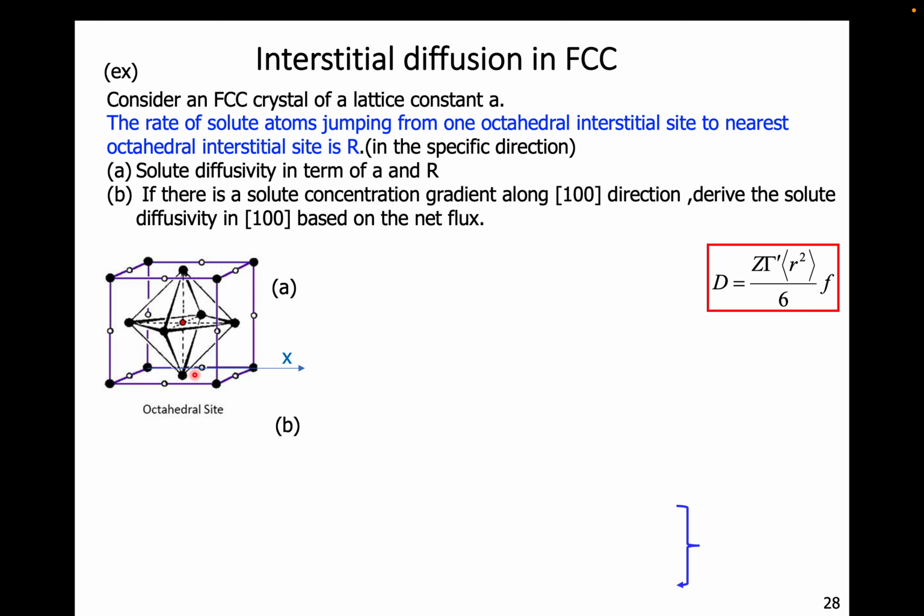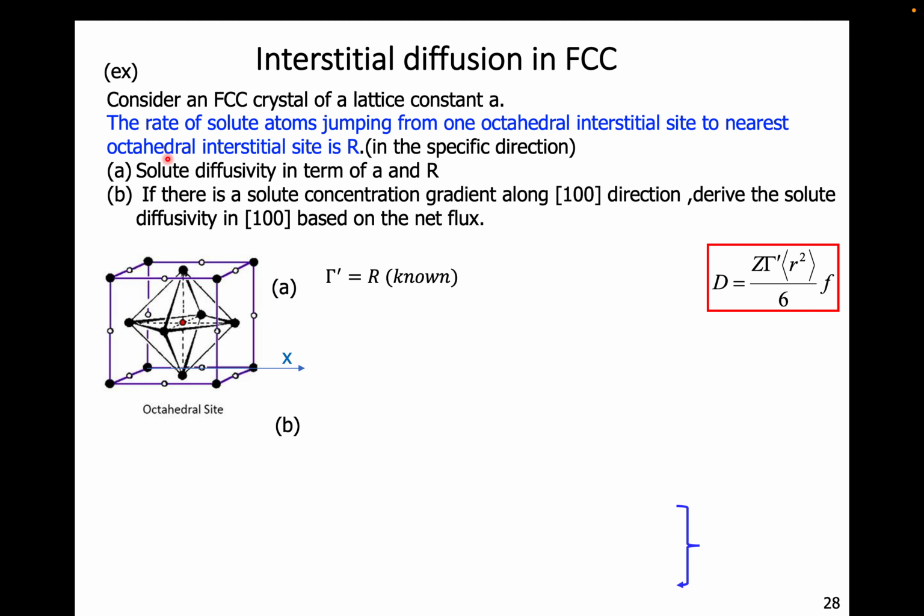Usually I will give this type of figure to you. Here, in the FCC structure, the lattice constant is A. The rate of solute atom jumping from one octahedral interstitial site to the nearest octahedral interstitial site is R in a specific direction. This tells you that the jump rate is capital R, which means gamma prime equals capital R.